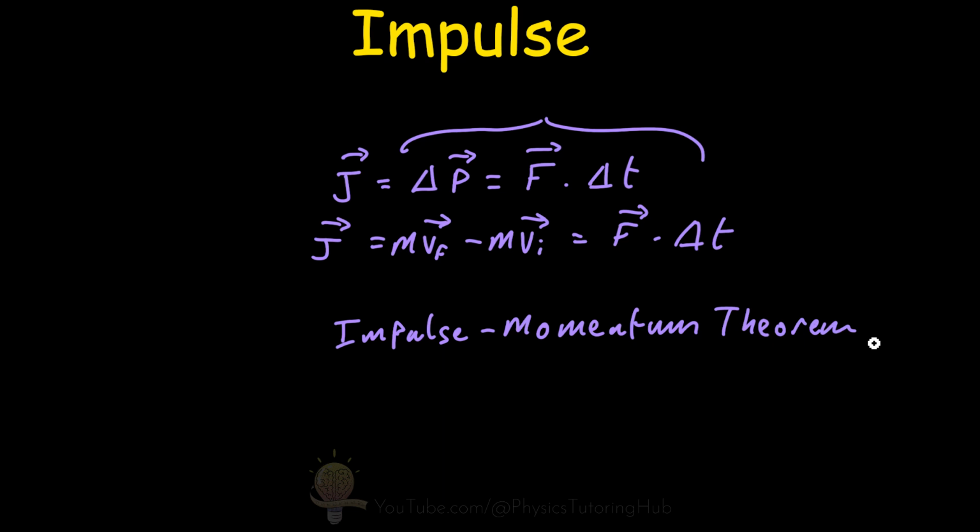And it shows us that a small force acting over a large time period can produce the same change in momentum as a large force acting over a short time period.